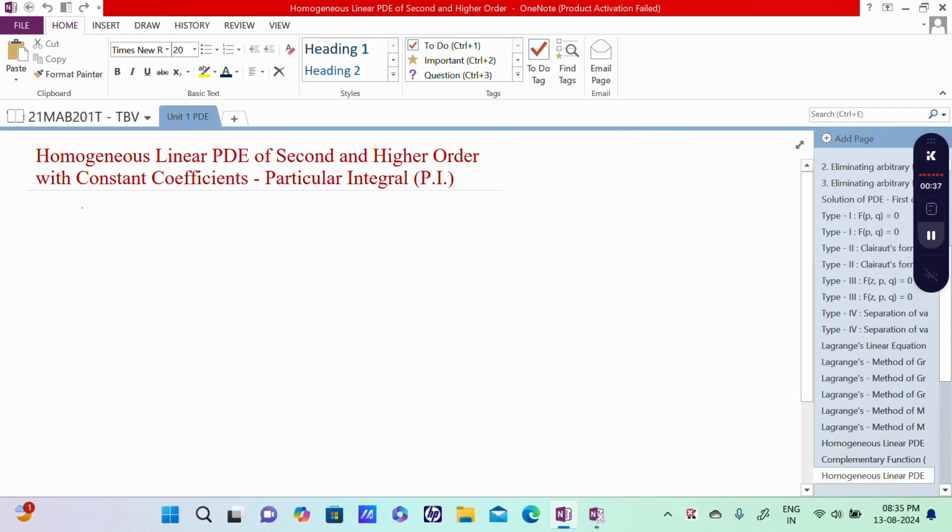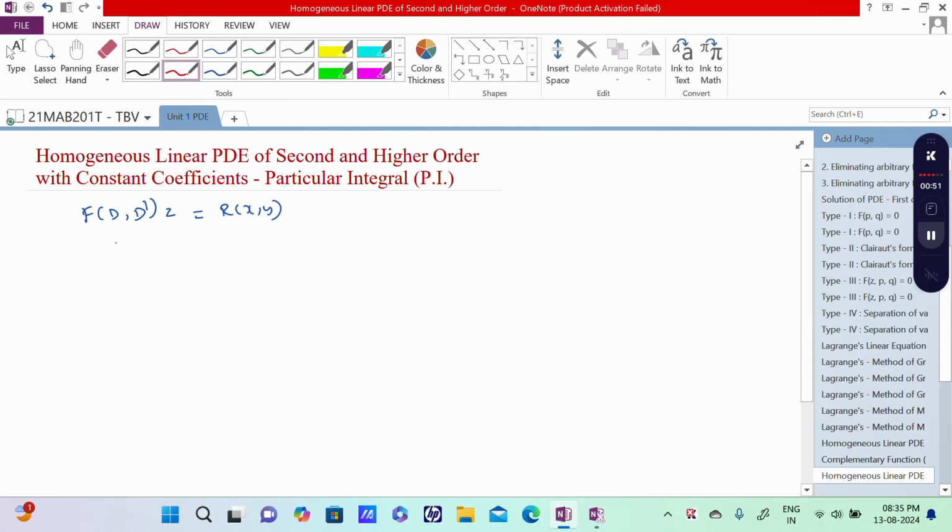First of all, the function of D comma D dash, z equal to R of x comma y. R is nothing but another function of x comma y. So this is the left hand side, and this is the right hand side. When the question is given, we consider this left hand side and this right hand side. How to calculate the particular integral?